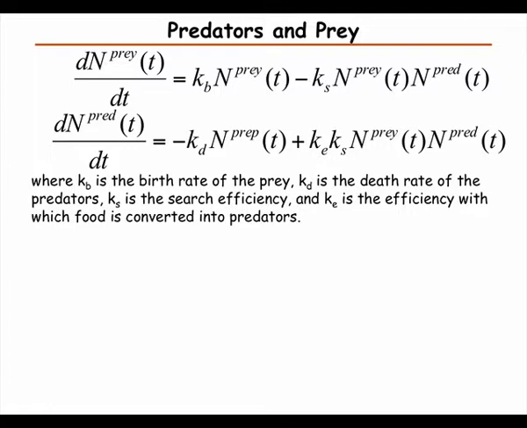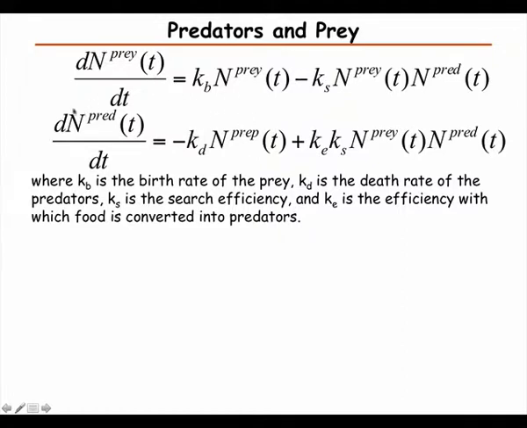The change in the prey is given by KB, the rate at which the prey get born, and then KS is the search efficiency of the predators. We multiply the number of the prey by the number of the predators, and that has a negative sign, because that's when the predators eat the prey.